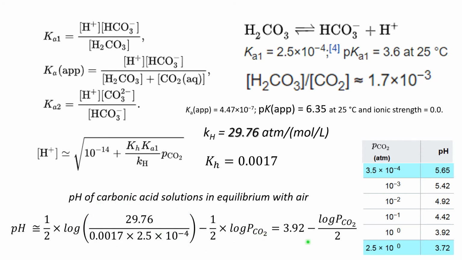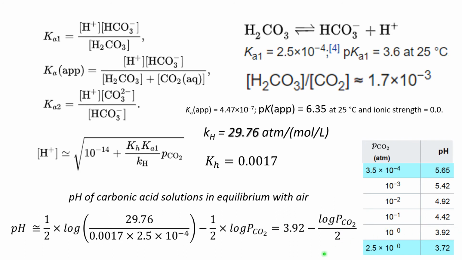So this number is 3.92 and minus log of PCO2, half. So if my pressure of CO2 is 1 atmosphere, log will be 0 and my pH will be 3.92, this number.